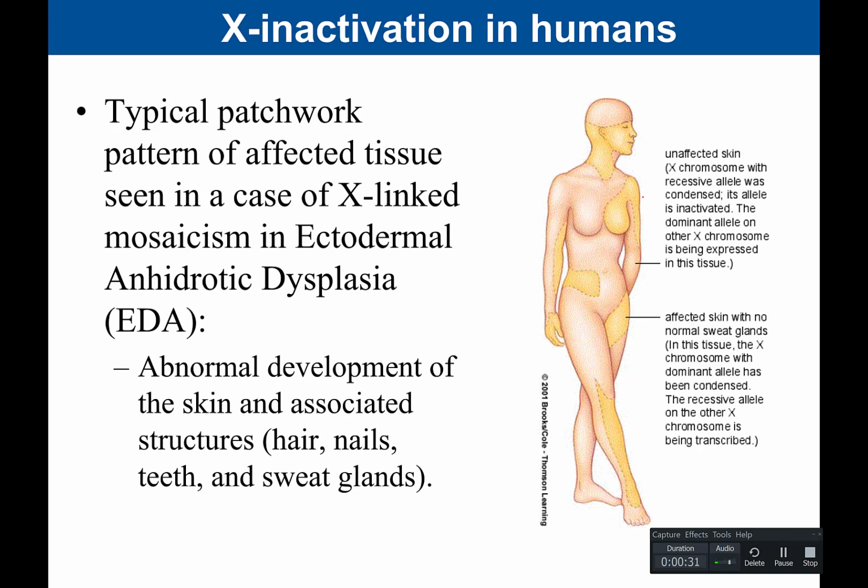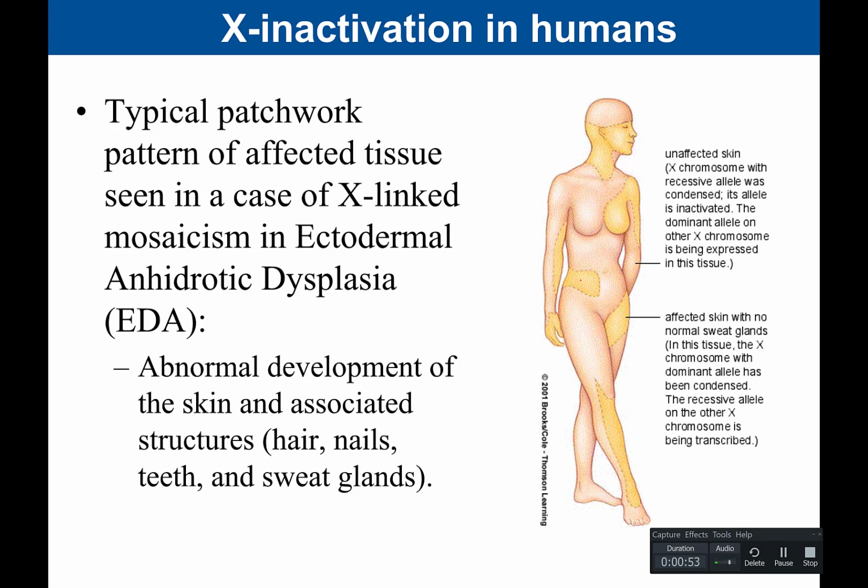This gene is on the X chromosome, and randomly, early in development, we get random inactivation of the X chromosome. All the cells that derive from that cell will have the same X inactivated. And so she's going to have regions where she is affected.